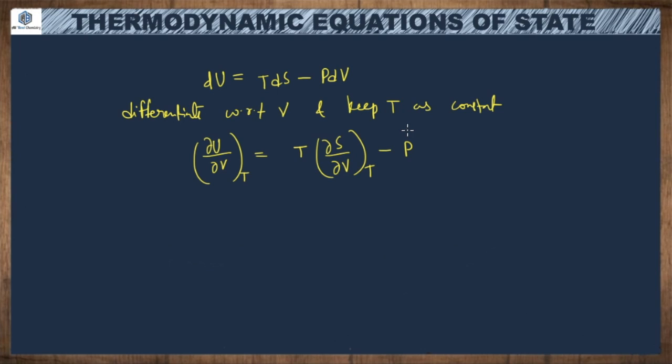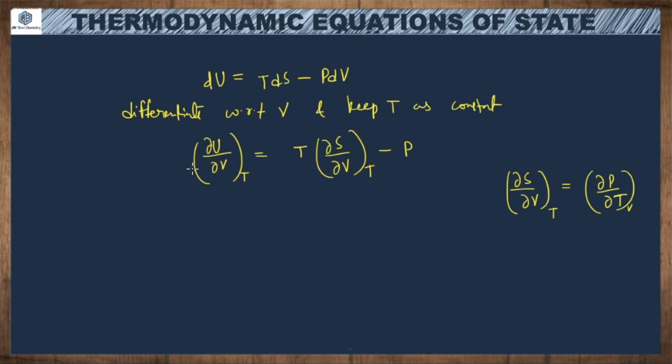All right, now we'll use the Maxwell relation. Using the Maxwell relation, del S by del V at constant T is actually equal to del P by del T at constant V. So that's the relation between these two, using the Maxwell relations, or using the thermodynamic square.